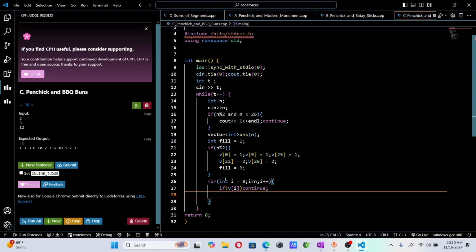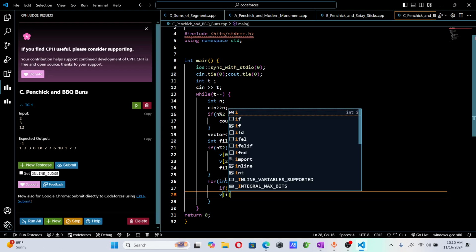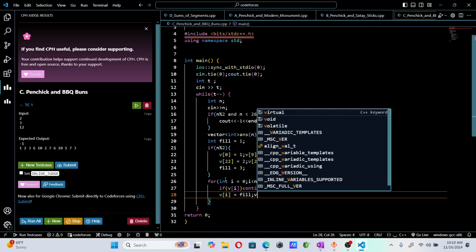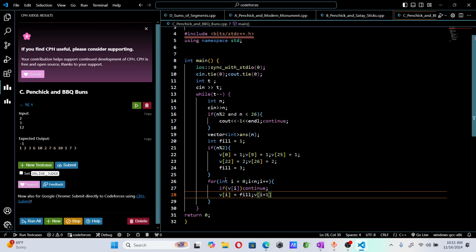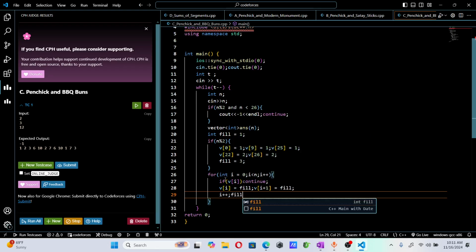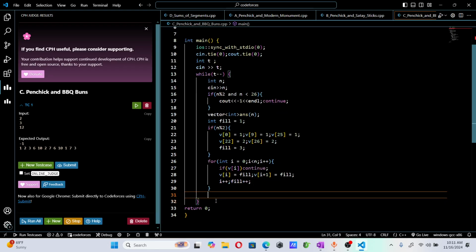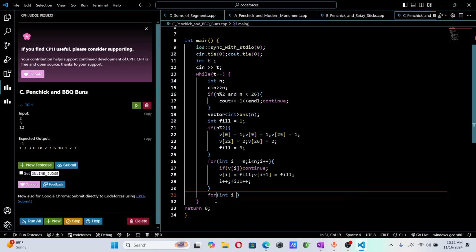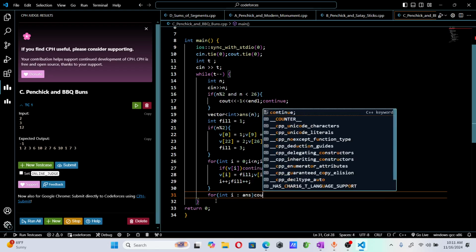If it's not, then do this, b of i equals to fill. And then just print it.